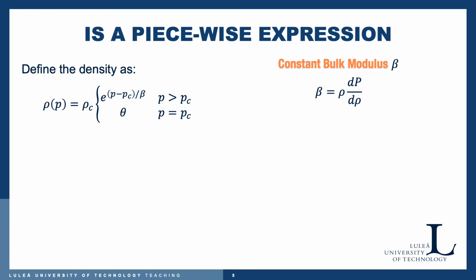as the cavitation density, meaning that it's the density at cavitation pressure, which is typically the atmospheric pressure, but might be a little bit lower than that.